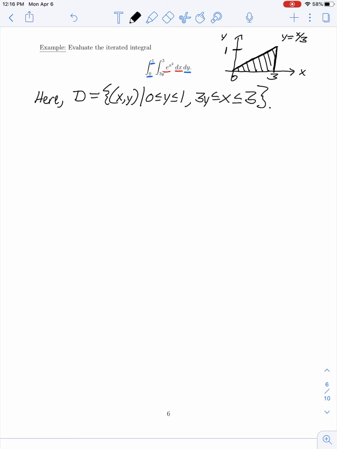Now let's see if we can express this as a type 1 region.